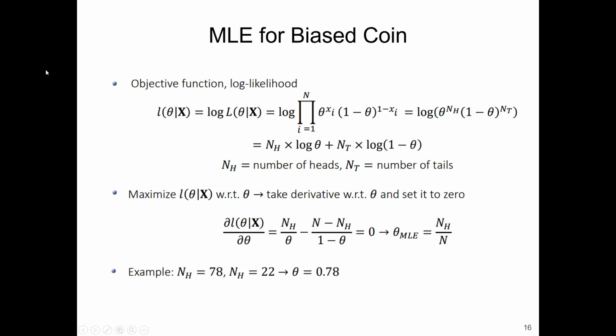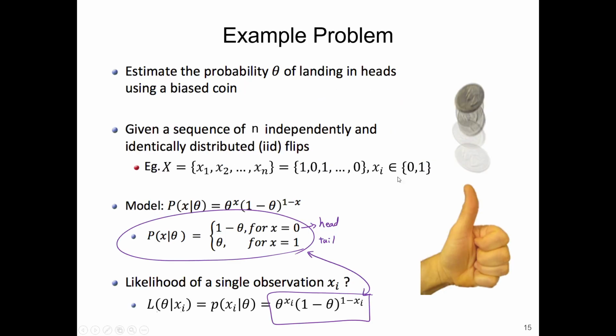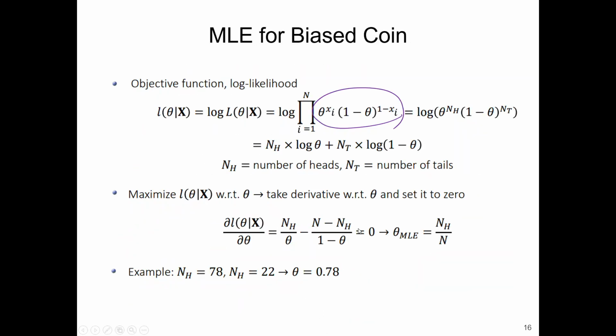So now that I have this log of the likelihood function, product from i equals 1 to n, this is our PDF. I put it here, and when I multiply theta to the x1, theta to the x2, and so on, they have the same base.